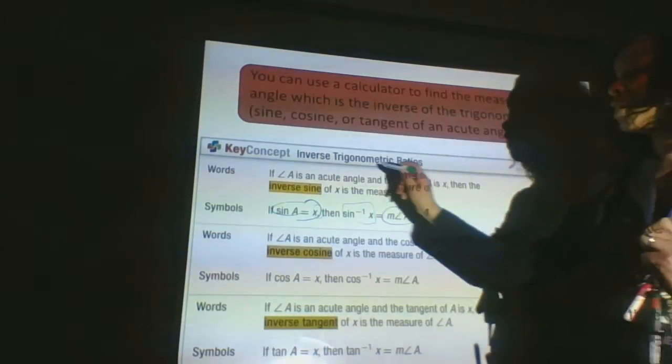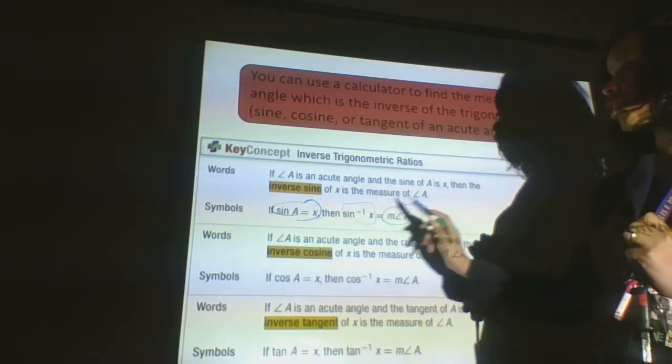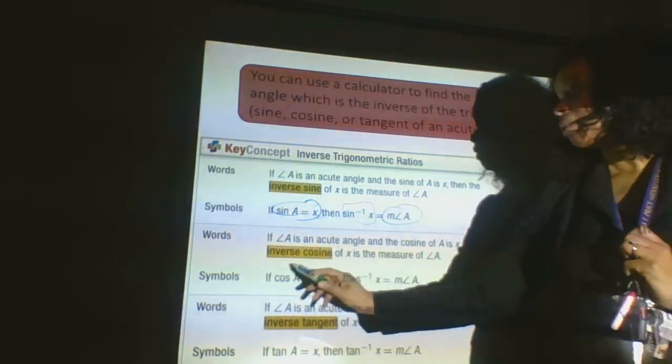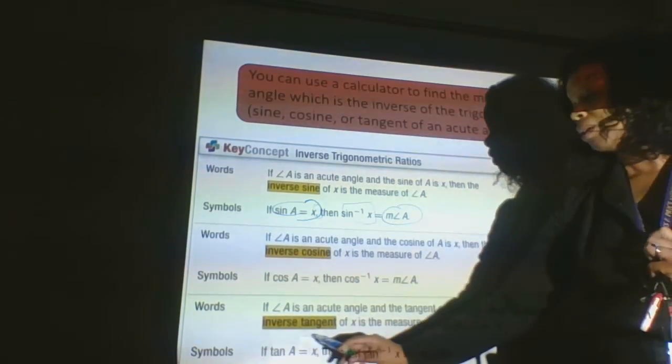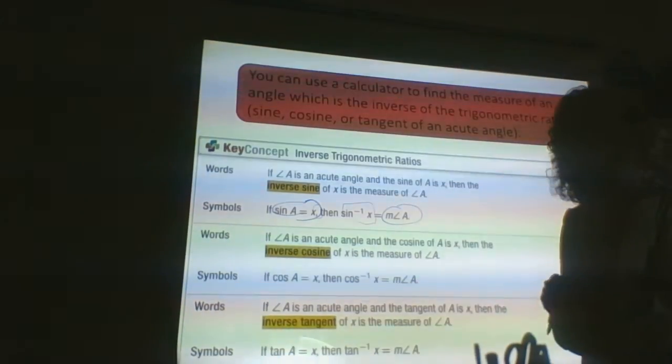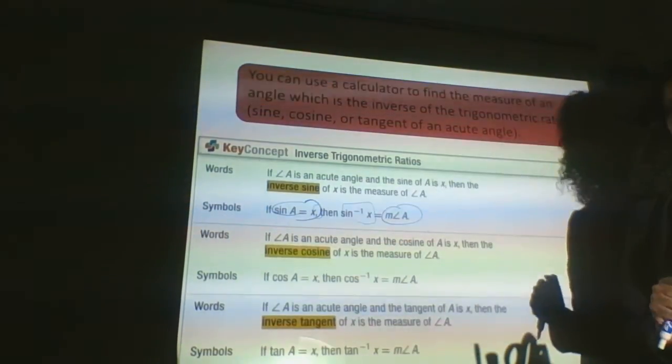So after you write this one here, for cosine and tangent, just go ahead and write this, okay? Just write the if-then statement. What's the if-then statement? Those are what kind of statements? Conditional statements. Very good.